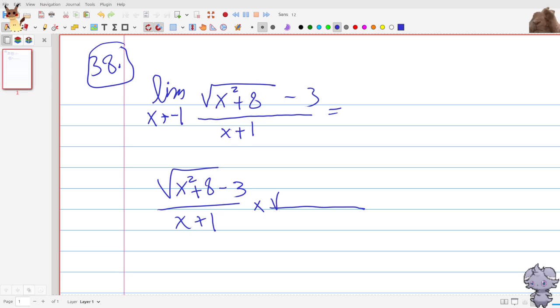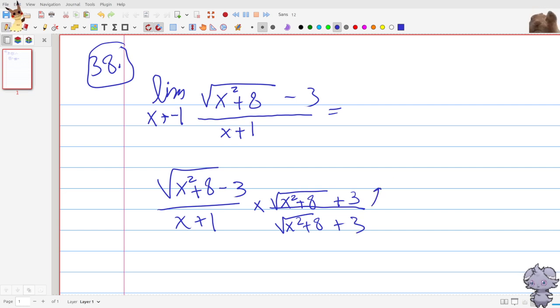It's the same as the square root of x squared plus 8, but we change the sign to plus 3, and we have to multiply the denominator too, so we write the same thing.